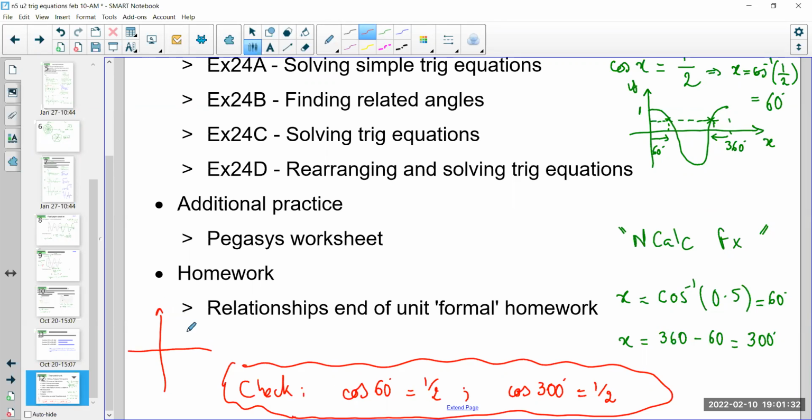So if someone remember having done nat5, where you had C, A, S, T, and we said A means all my angles are positive here. So that was the first one. And because we've got C for cos here, the next solution is 360 minus alpha.